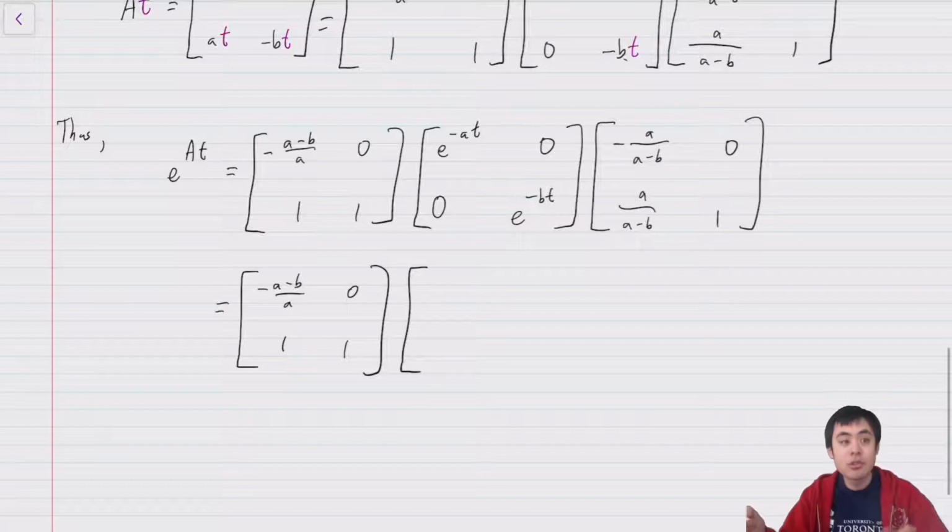When you multiply this out, you're basically just scaling. A diagonal matrix multiplied by any matrix just scales the rows, not the columns.